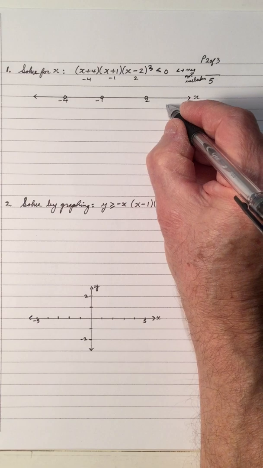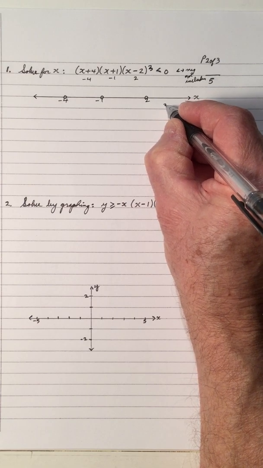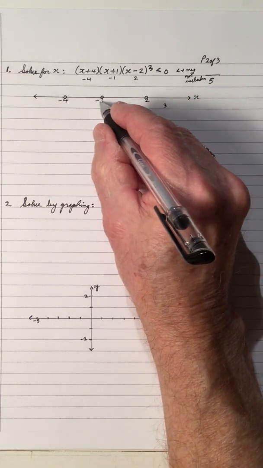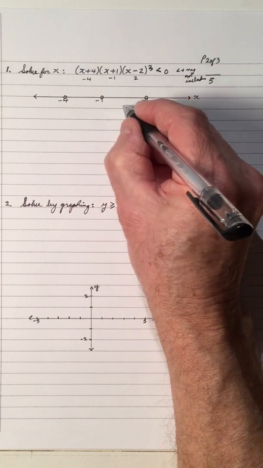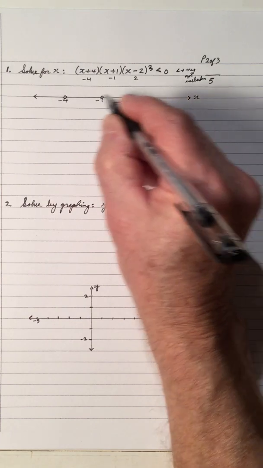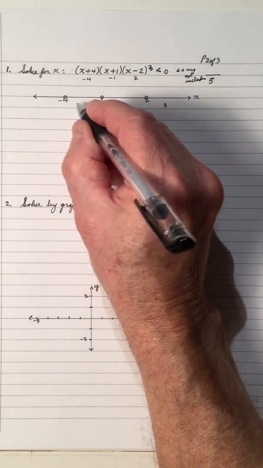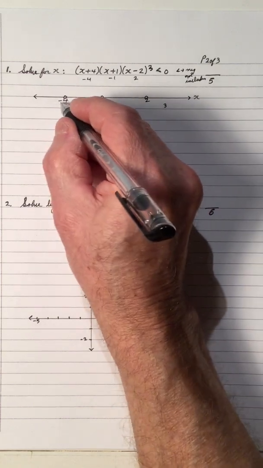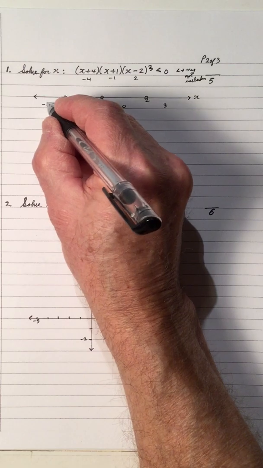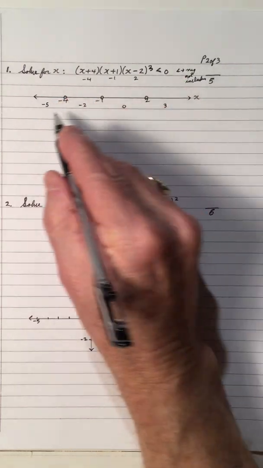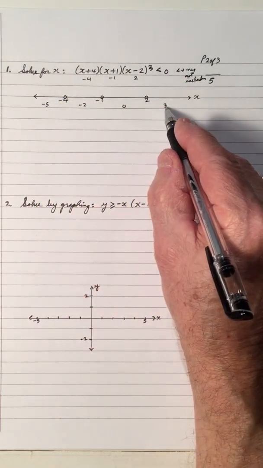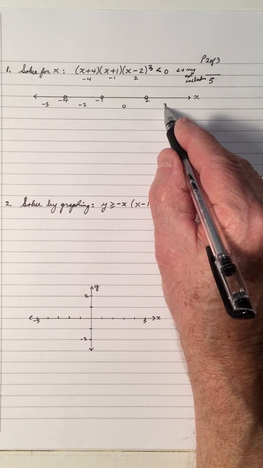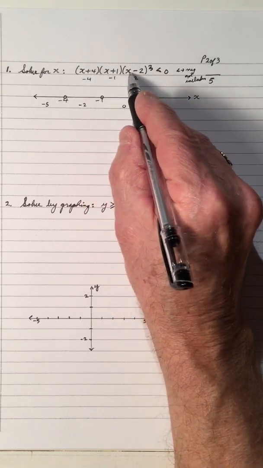So what I do is I put a number greater than 2, which is 3, between -1 and 2, so I put a 0. Between -1 and -4, I put a -2. And to the left of -4, I have a -5. So I'm going to take each of these numbers, 3, and sub it into each of these brackets.